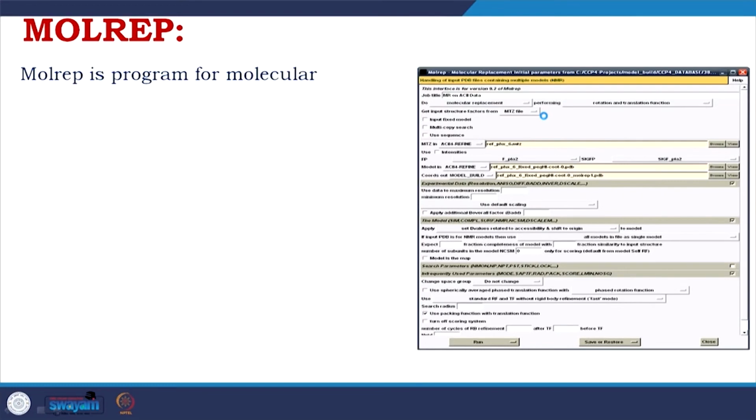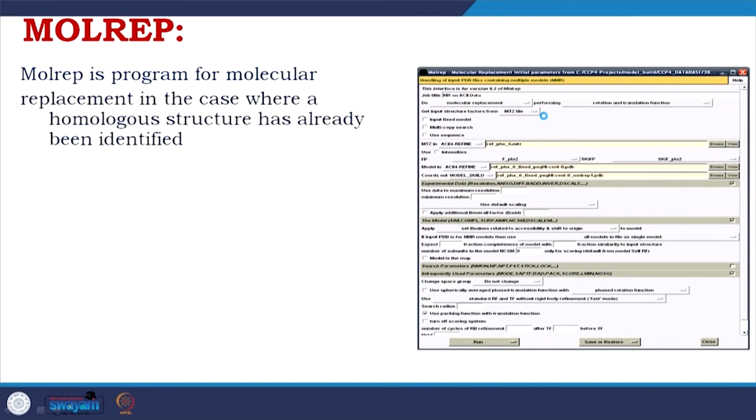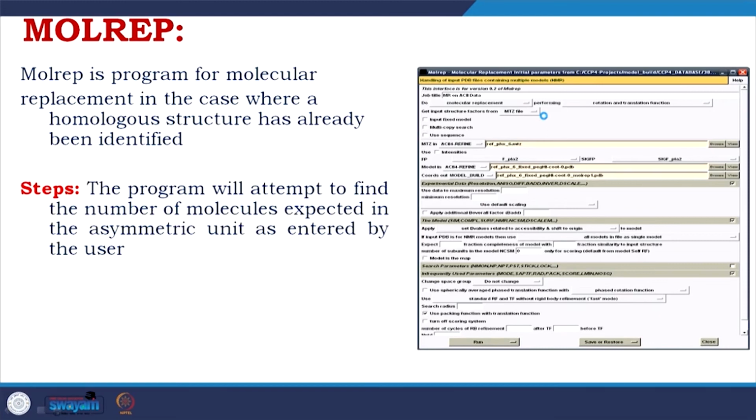MolRep, which we are going to talk about, is a program for molecular replacement in the case where a homologous structure has already been identified. The steps: the program will attempt to find the number of molecules expected in the asymmetric unit as entered by the user. So, you could enter it there, or they could have done the self calculation using Matthews coefficient.